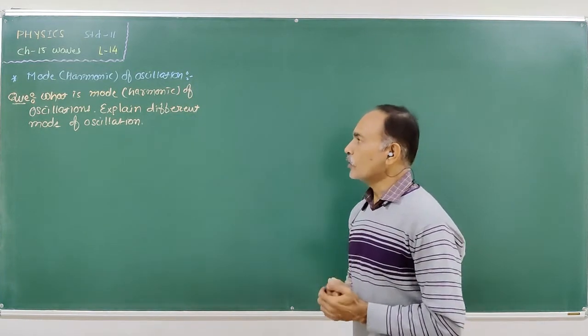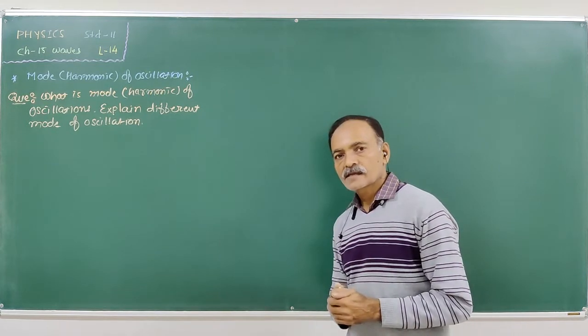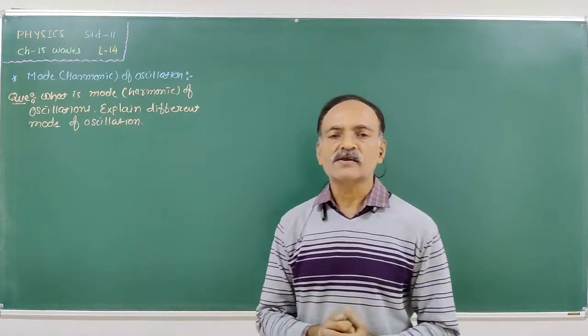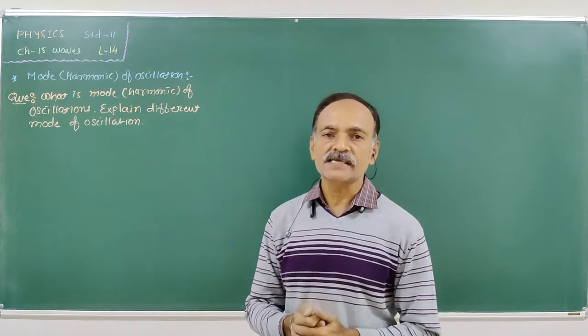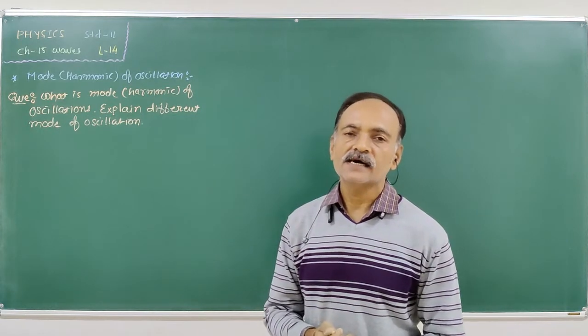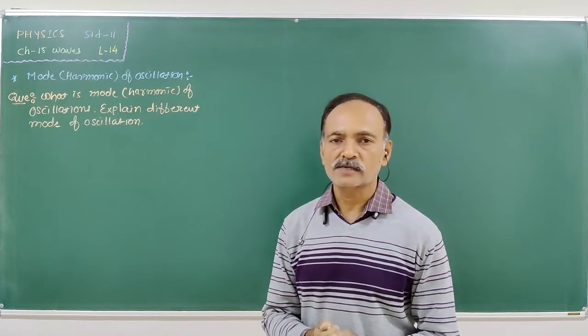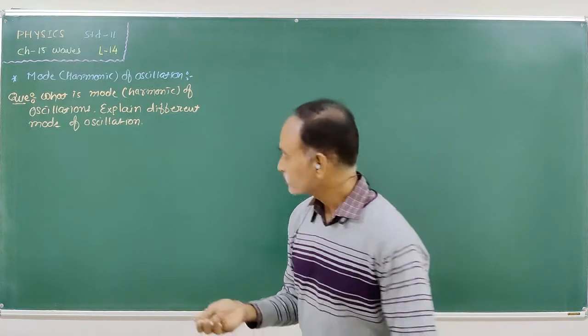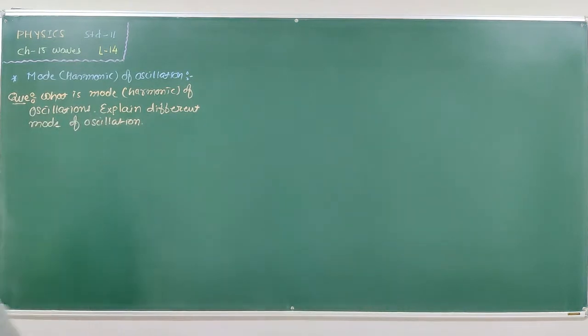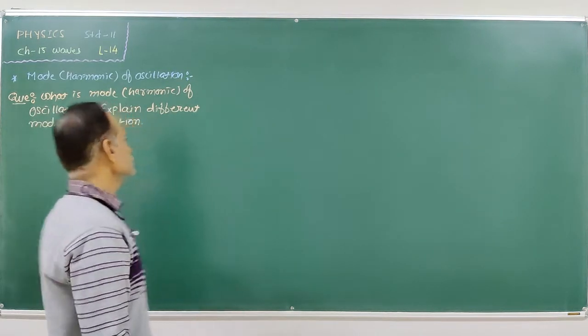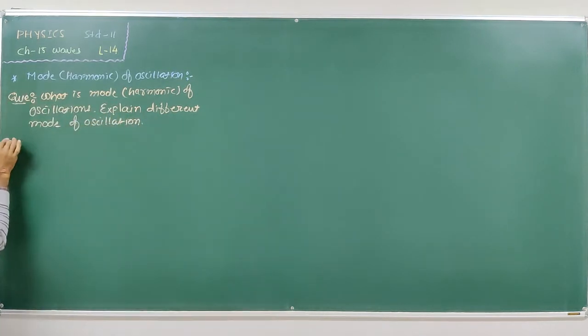Now, what is the mode of oscillation? A system of oscillation with natural frequency is known as the normal mode of oscillation, or the normal mode. We are going to write down the answer to this question.